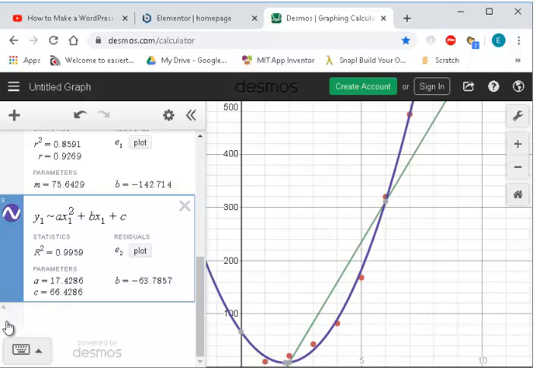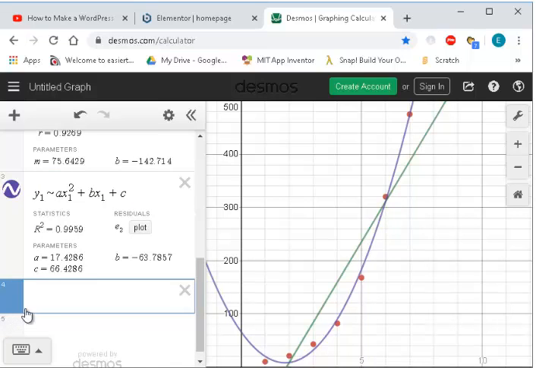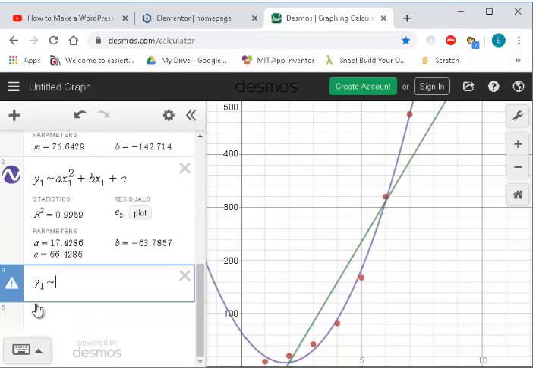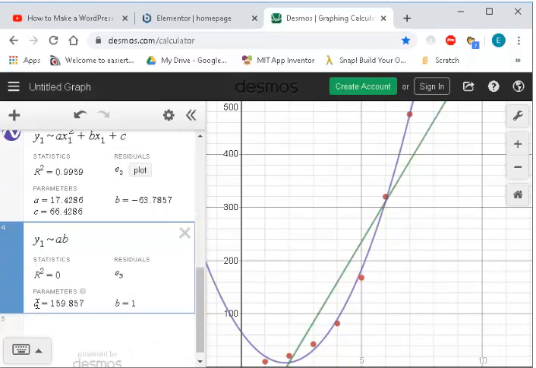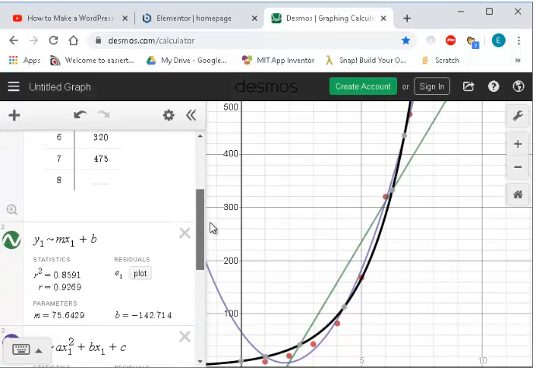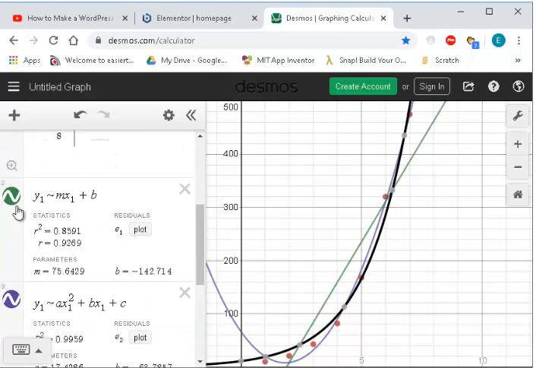Now the last one, we are going to check for exponential. Remember, the exponential equation is y is equal to a b exponent x. So I'm going to do the same thing. y1 tilde sign ab exponent x1. Now, if you want to see exactly where the graph is, I'm going to turn off the linear regression and the quadratic.